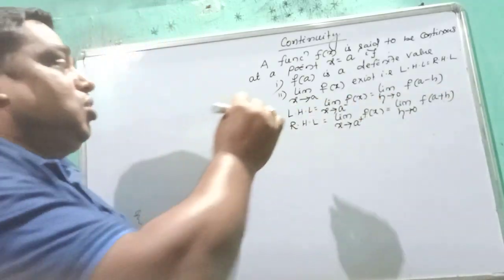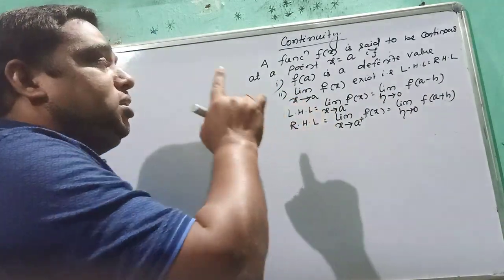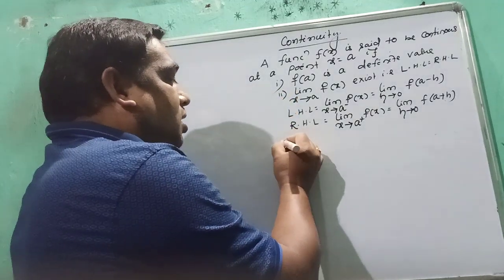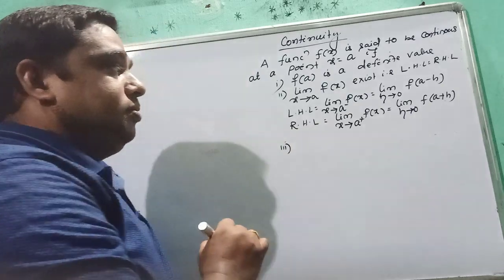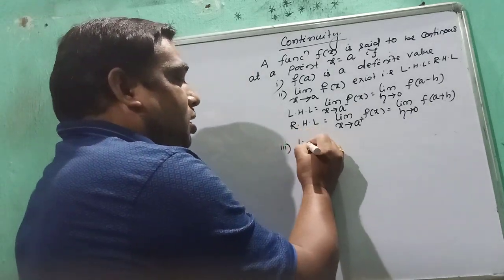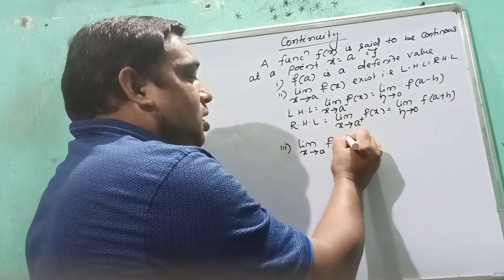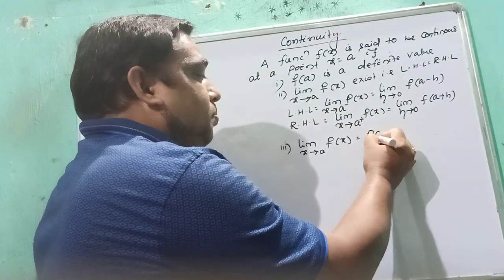So we require the left hand limit to be equal to the right hand limit. That is step 2. And step 3 is limit x tends to a of f(x) is equal to f(a).